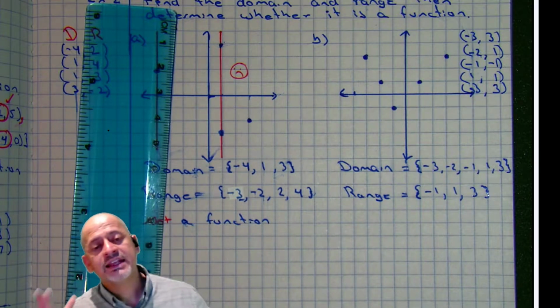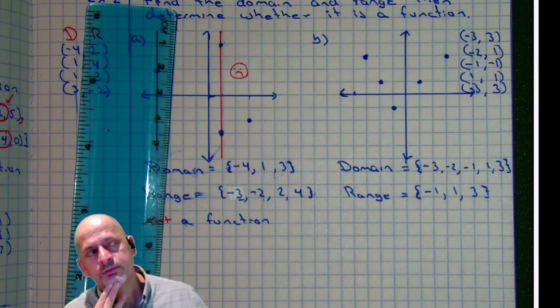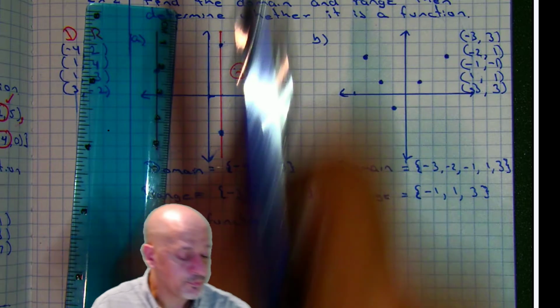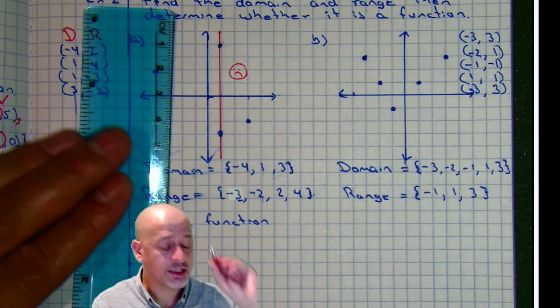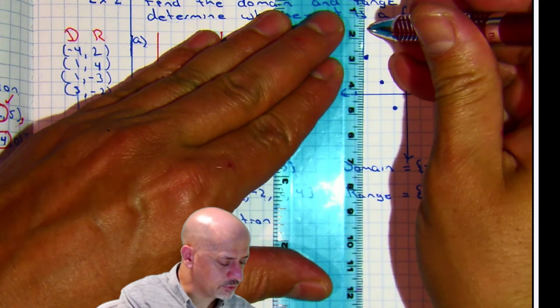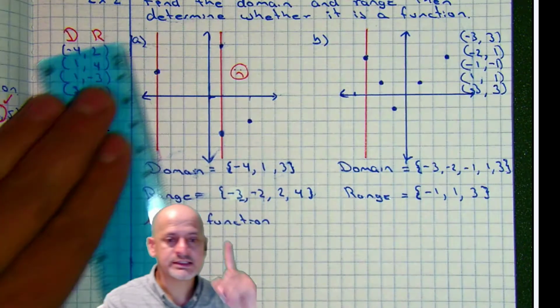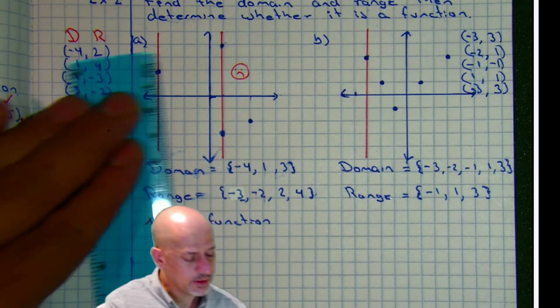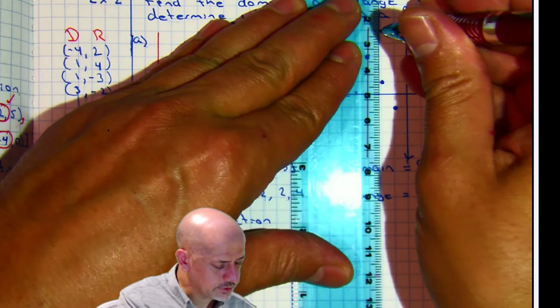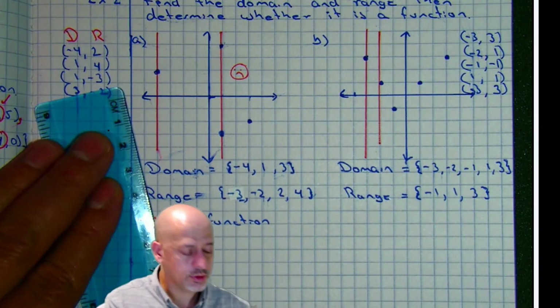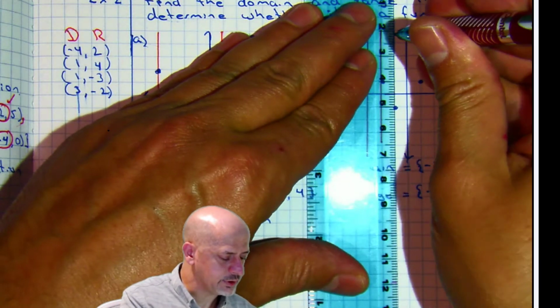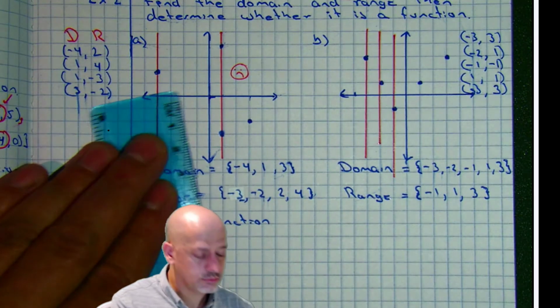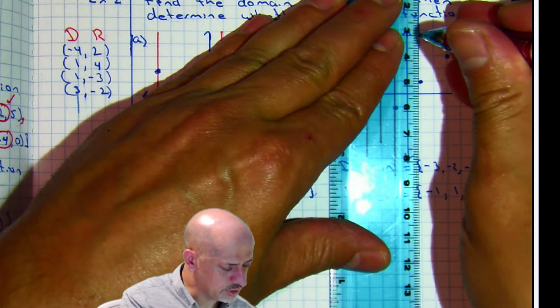Now I need to decide, is that a function, yes or no? What do you think? It is a function. But I do need to see all your red lines. So if I place a red line going through here, it only crosses 1 point. I do the next one, 1 point. The next one, 1 point. The next one. So they only have 1.